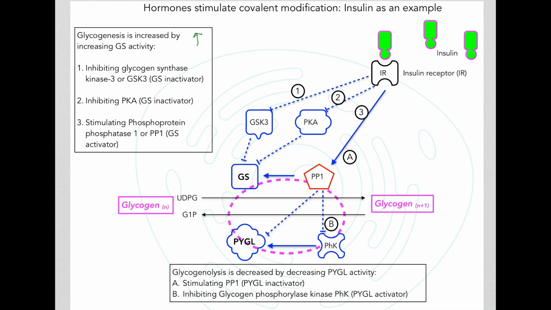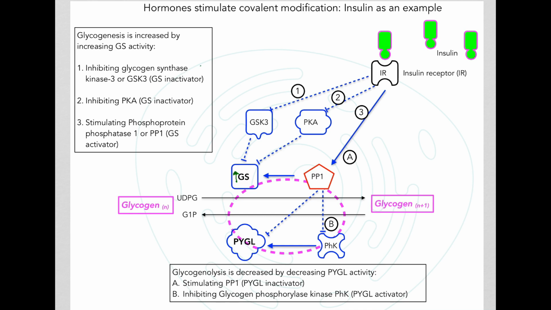Now, glycogen synthesis increases. How does that happen? That happens by increasing the activity of glycogen synthase. So this enzyme activity goes up when insulin binds to its receptor. So what makes the glycogen synthase activity go up? Well, there are three major ways.